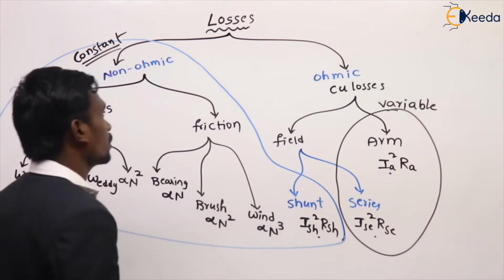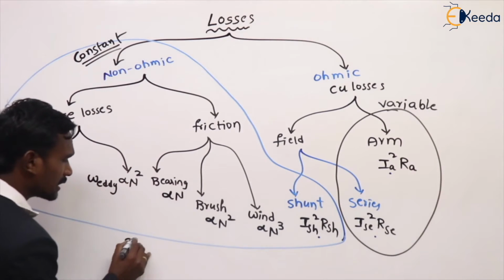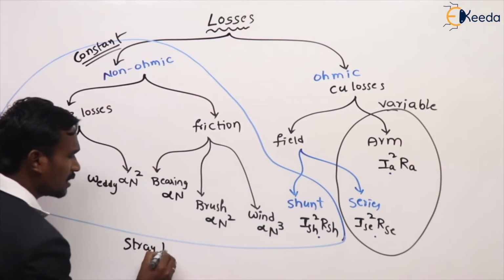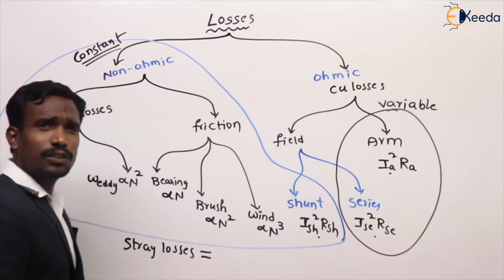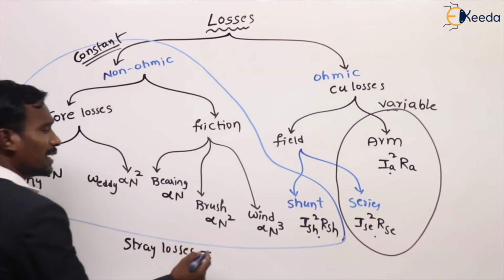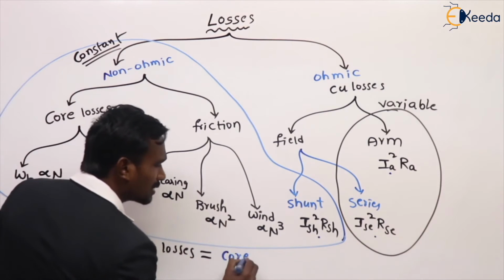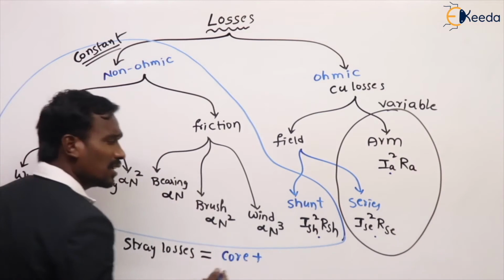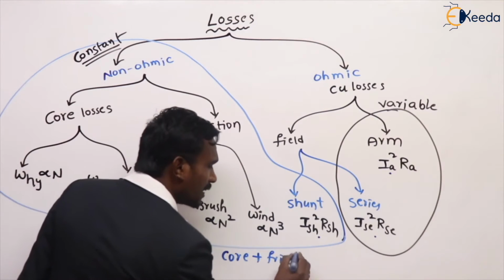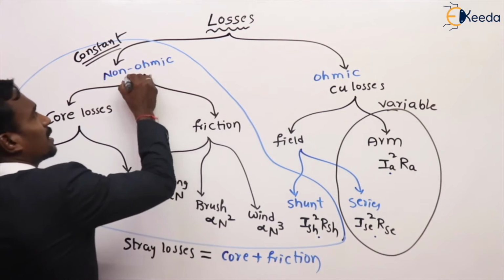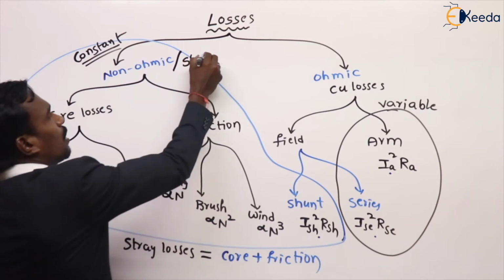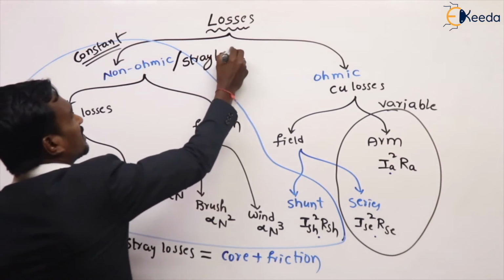They will ask you a question: what are stray losses? Stray losses are nothing but the core losses plus friction losses, combinedly called stray losses. The non-ohmic losses are also called stray losses. This is important.